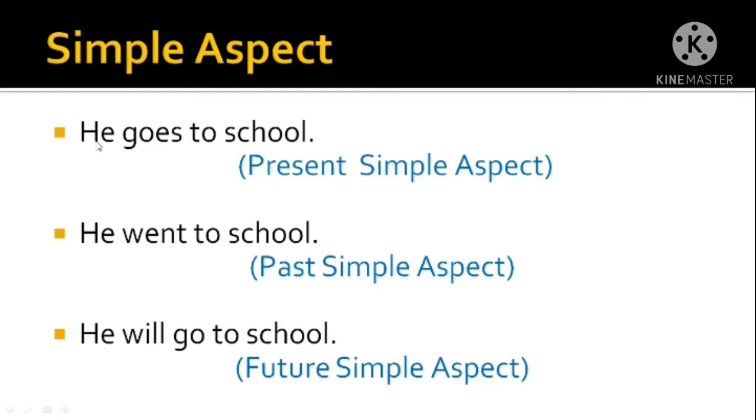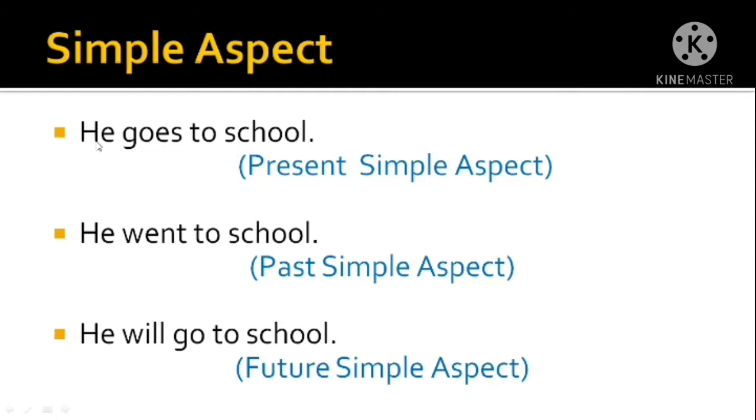If you use the present form of the verb, it will be called present simple aspect, as in the first case, he goes to school. Then you have the third sentence here, he'll go to school. This is the simple aspect, but in which tense? It is in future tense, and that's why it will be called future simple aspect.